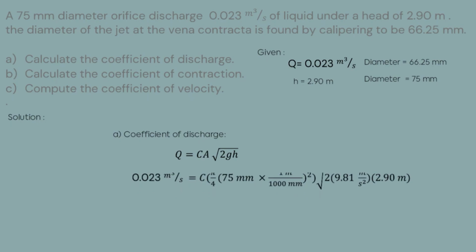Since we already have the discharge, which is 0.023 cubic meter per second, it equals the coefficient of discharge times the area, which is pi over 4 multiplied by 75 millimeter times 1 meter over 1000 millimeter, squared. So we're going to convert 75 millimeter, the diameter of the orifice, into meter, and multiply by the square root of 2 times 9.81 meter per second squared multiplied by 2.90 meter.